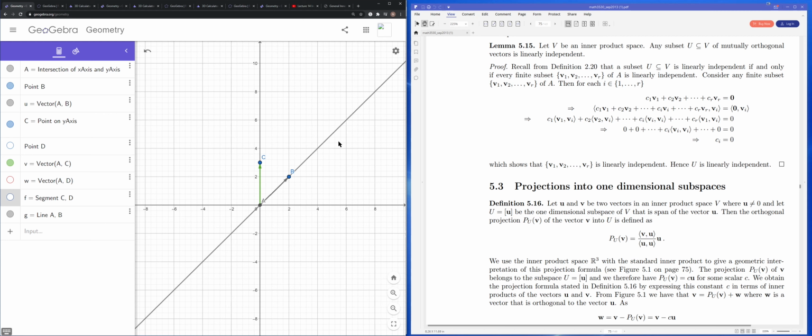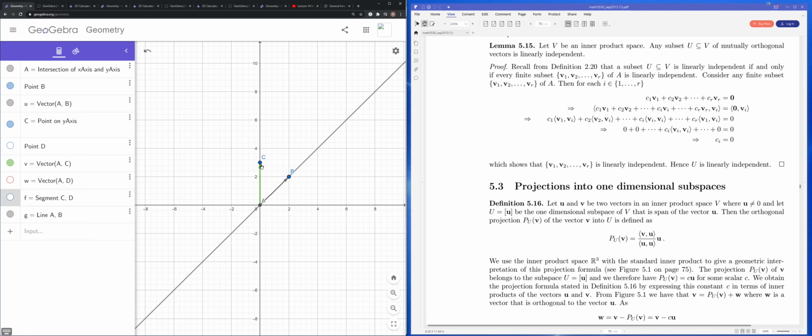This is the subspace that is spanned by this vector u. And I want to project this green vector v onto this subspace. When I project into the direction specified by the subspace big U, I'm going to get a new vector.